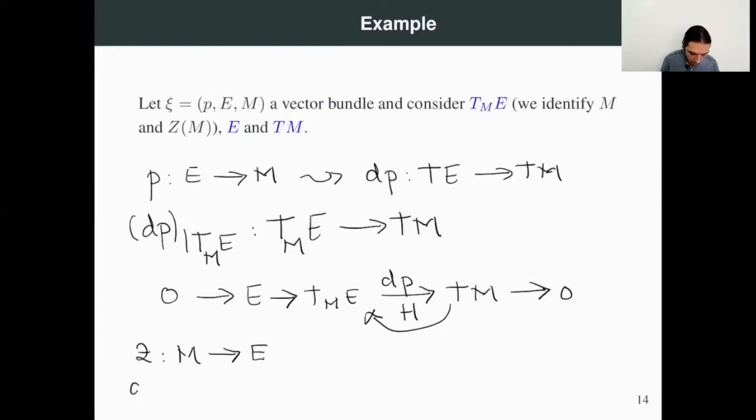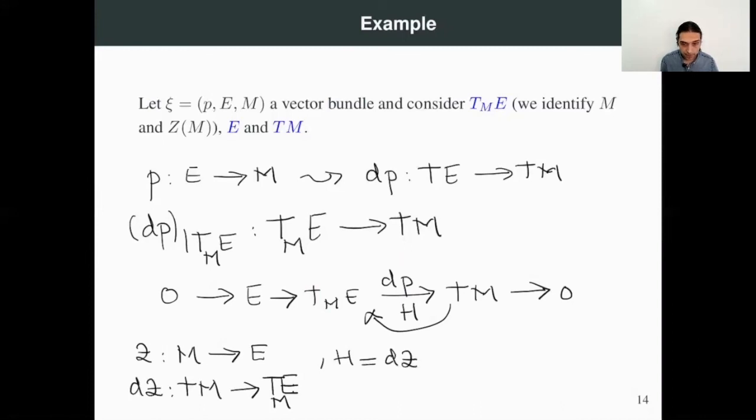And we can consider its differential, which is a map from the tangent space of M to the tangent space of E. It's indeed, again, a morphism of vector bundles over the identity map. And now we just define H as dC.